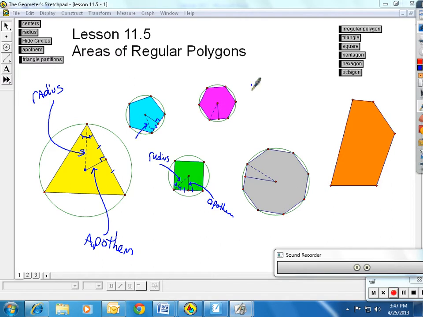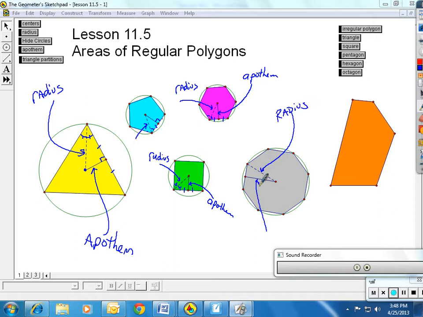How about this one? What am I pointing at right there? That is the apothem. And what does it bisect? The side. And this here is the radius, and it bisects the angle. What am I pointing at here? It is the radius of the octagon.